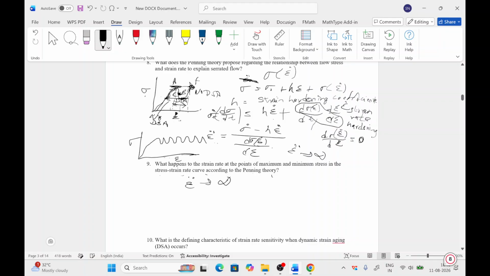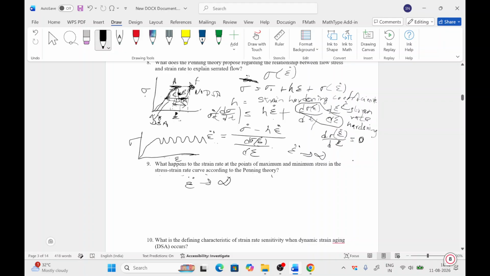So at A point, the strain rate increases, and when it comes to B point, because the applied strain rate is high, the flow stress is in the dynamic strain aging region. Because of the dynamic strain aging, the stress decreases as it comes to point B.